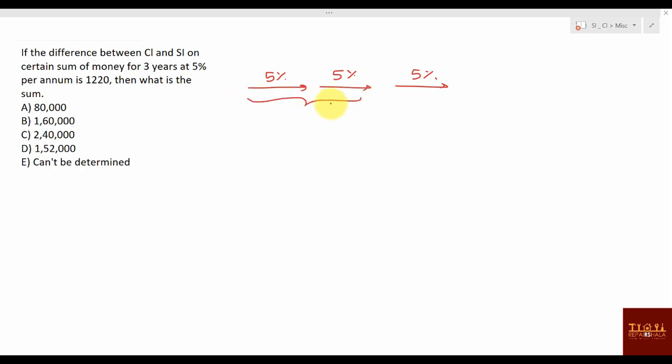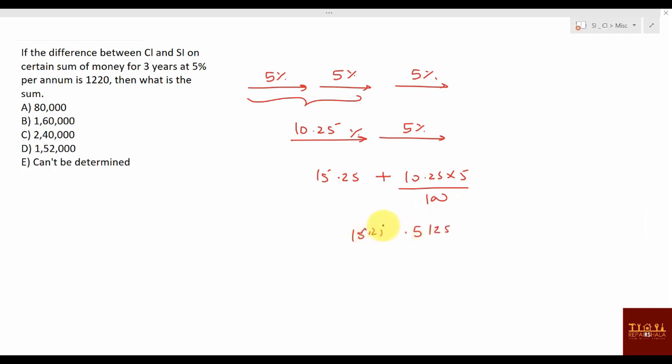So 5% and 5% will give you 10.25%. So 10.25% and 5% you will get 15.25% plus 10.25 into 5 by 100, or you can say this value will be 15.7625%.